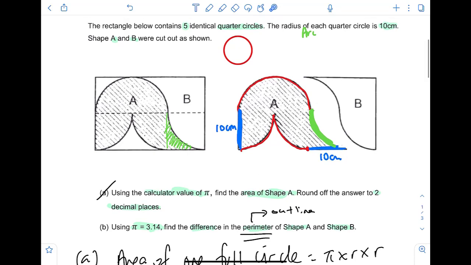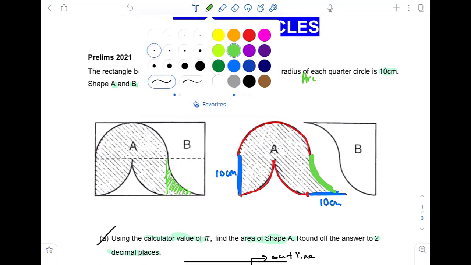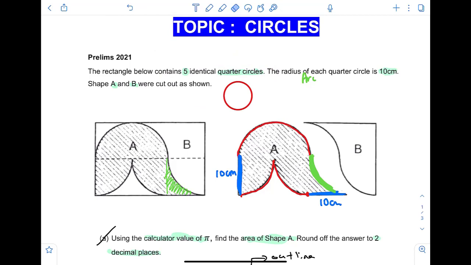Let's calculate the perimeter of shape A. The first thing we can do is to find the circumference of a full circle. That settles all the red sections. Circumference of a full circle will just be pi times diameter, which is 3.14.